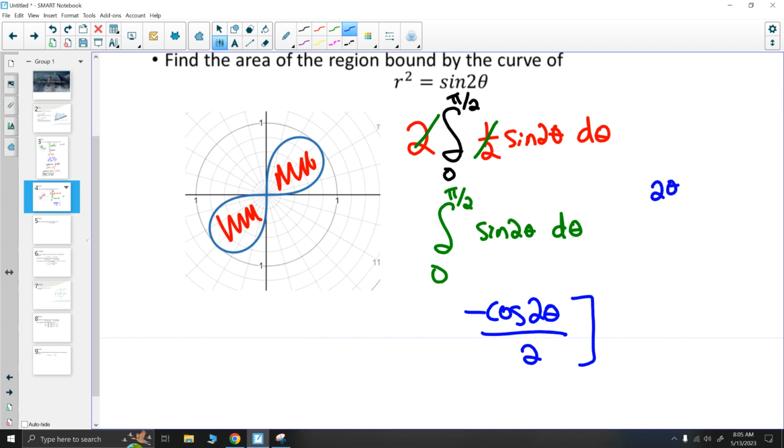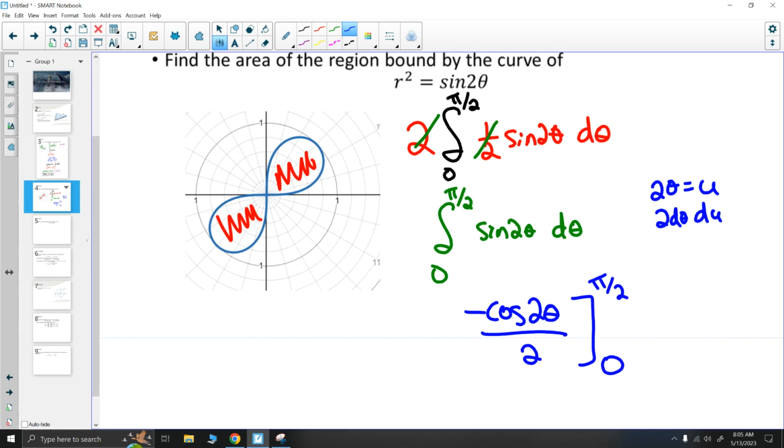If we called 2 theta equal to u, then our du would be 2 d theta, and so we'd need to put in a 2 and pull out 1/2. That's where that 1/2 is, right here. Okay, just want to point that out. We don't have to use u sub if you recognize that, but I don't want to make it not clear where those things come from.